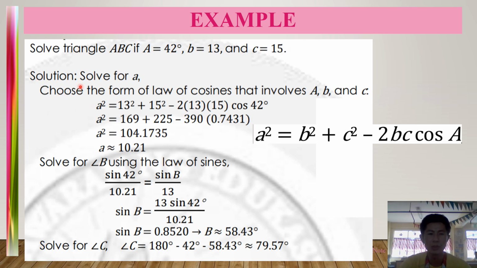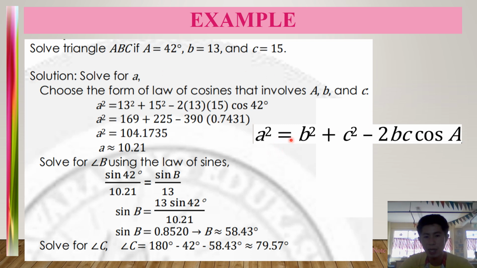Okay, so for the solution, kung napapansin nyo, merong given, meron yung angle A, meron yung b, tsaka meron yung c. So, hahanap kayo dun sa formula na alin ba dun sa tatlo ang pwede natin gamitin.